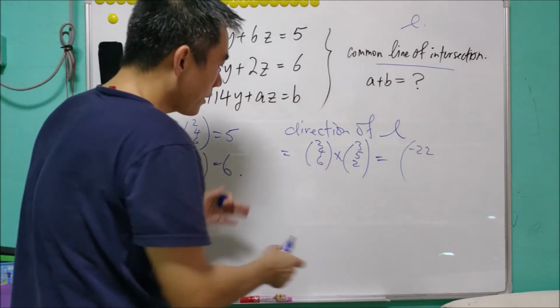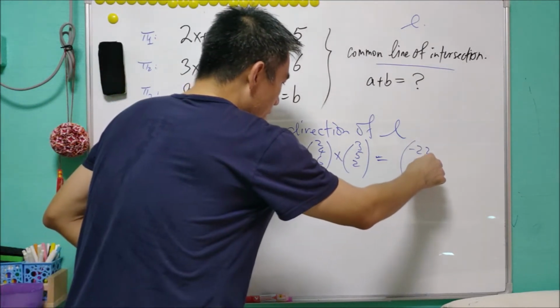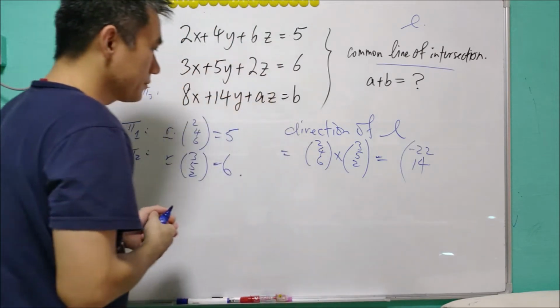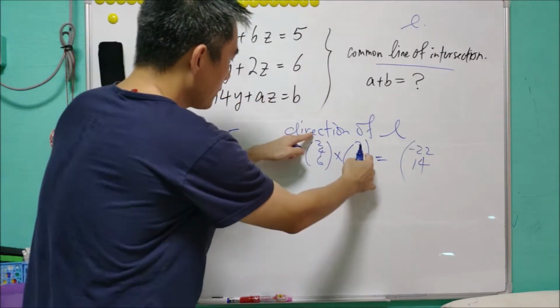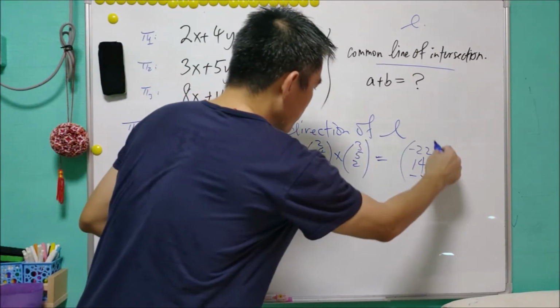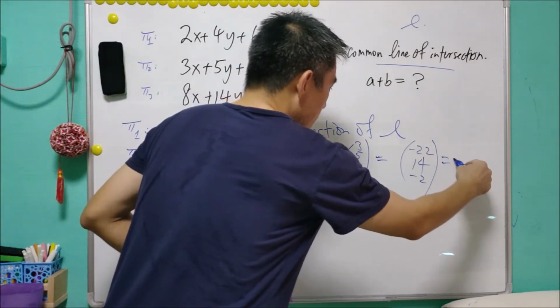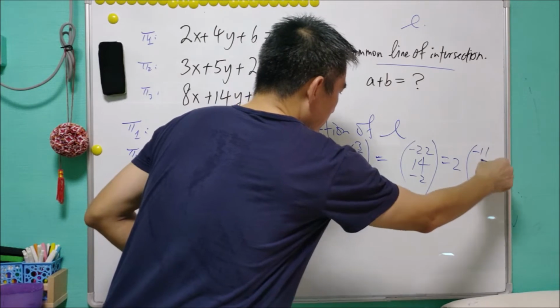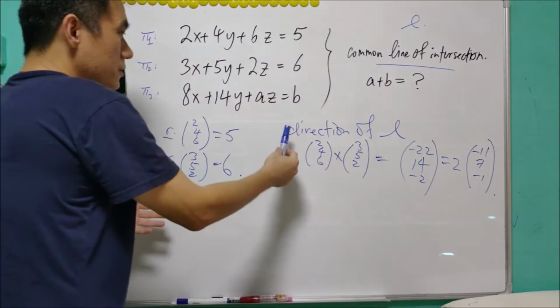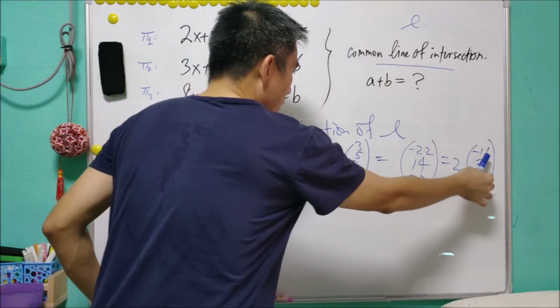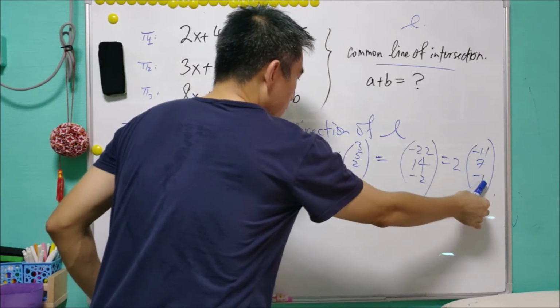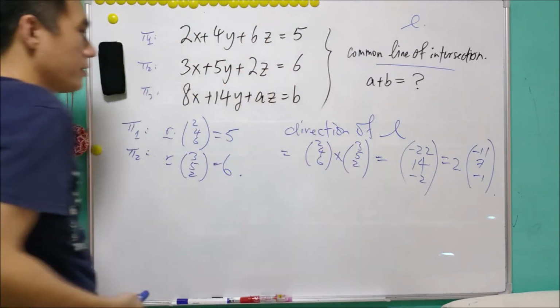We should add another negative for this second entry, so it will be 14. Cover the third row, 10 minus 12, that is negative 2. We can simplify a little bit and say (negative 11, 7, negative 1) is the direction of L.